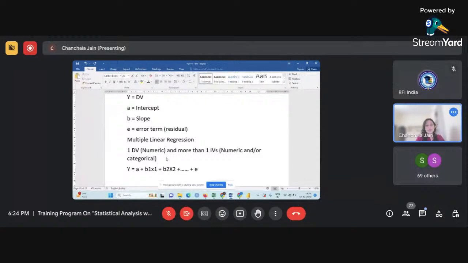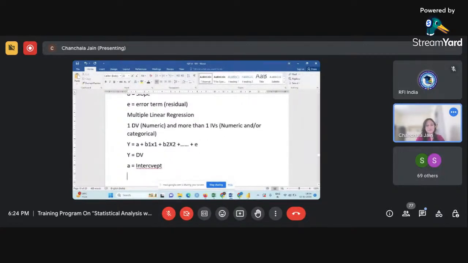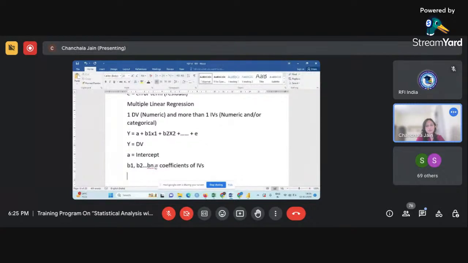Again, y will be our dependent variable, a will be our intercept, b1, b2 up to bn are the coefficients of the independent variables x1, x2 up to xn.